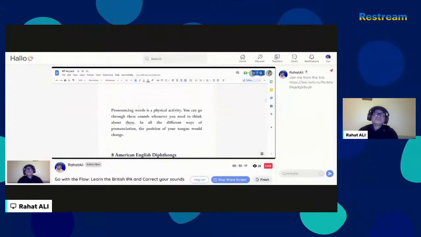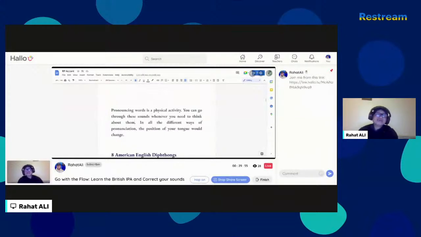Now, it's very important: pronouncing words is a physical activity. You can go through the sounds whenever you need to think about them. In all the different ways of pronunciation, the position of your tongue would change. This is one of the important messages for English learners.